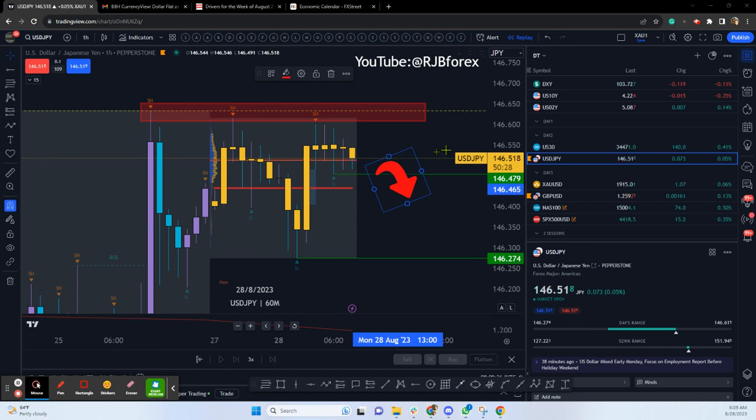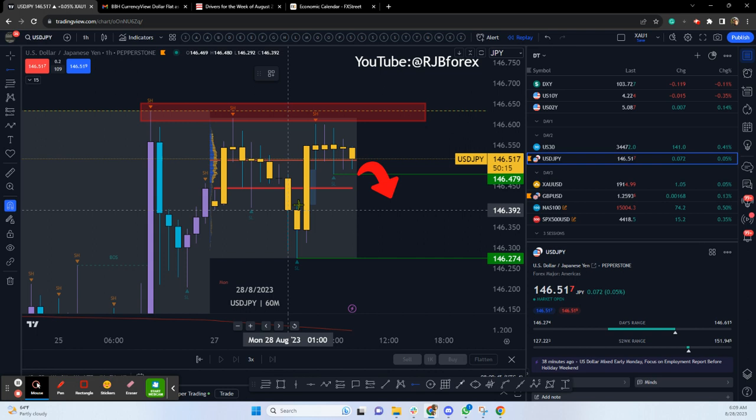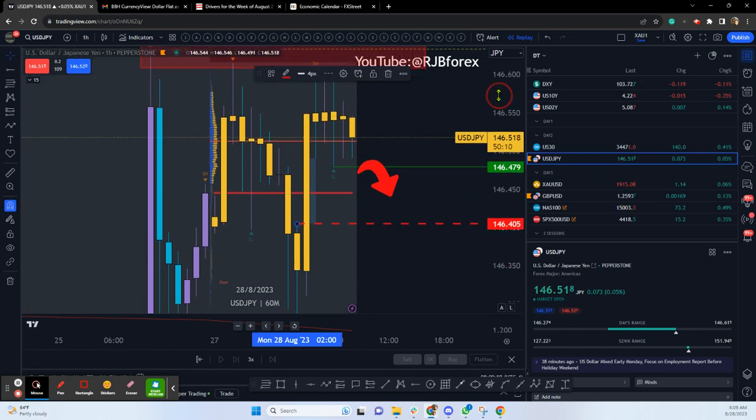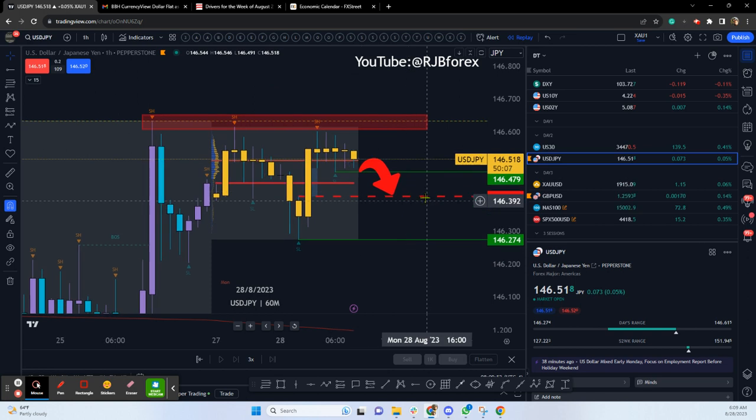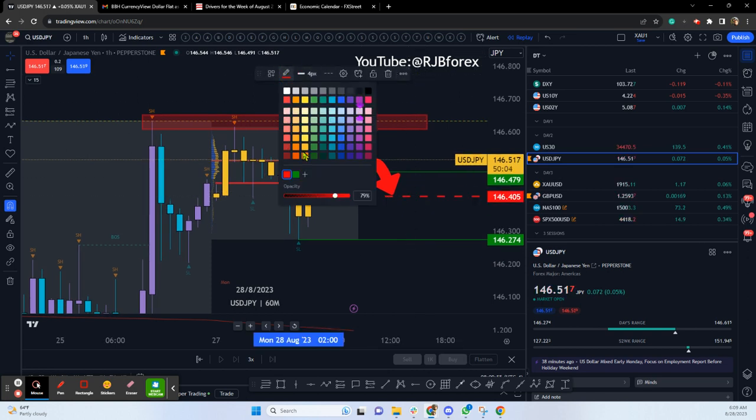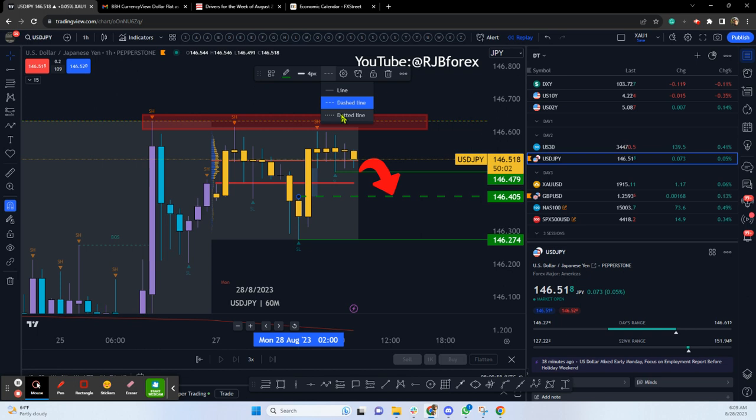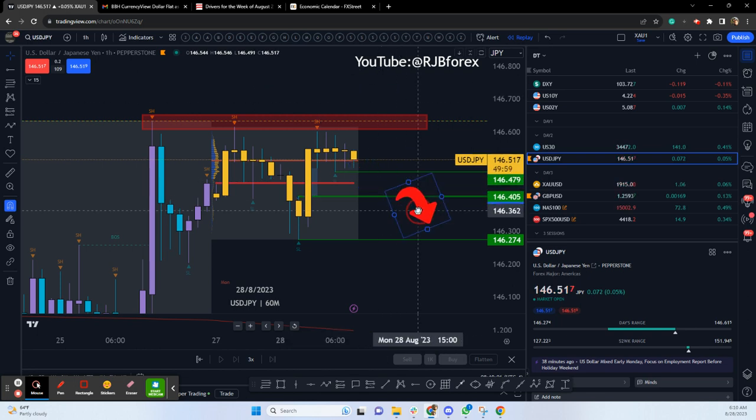So we've got this imbalance that we're leaning towards, and therefore we can have a pretty sharp move through that imbalance into here, 146.40, like that. That's green for support, and a continuation below there and below here.